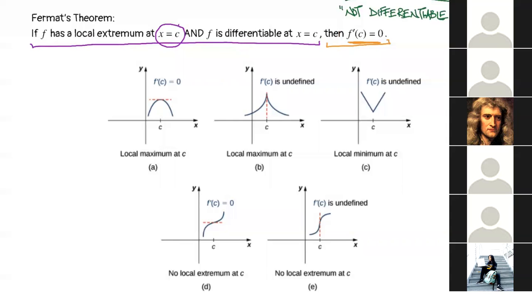How could I draw this picture a little differently and consider a local minimum at x equals c and have it be differentiable at x equals c?